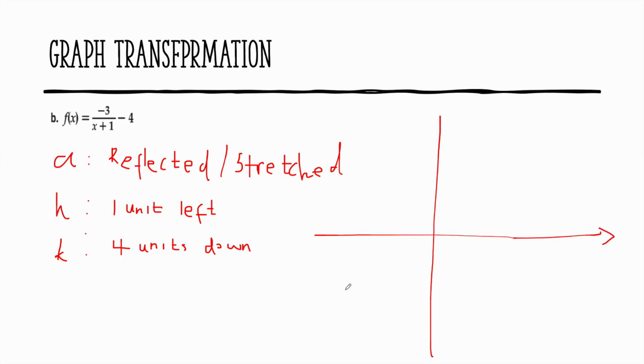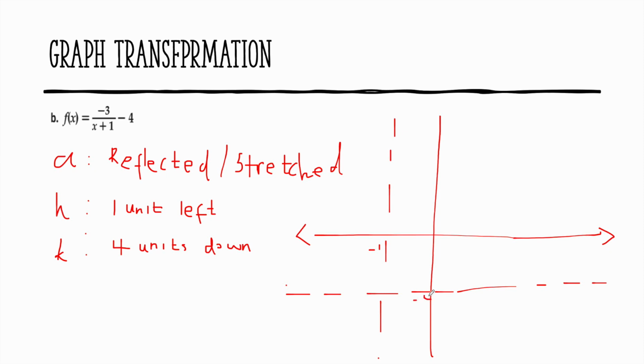So this point, it moved 1 unit to the left. This will be -1. And it went 4 units down, so I'll just bring it over here. Okay. Not drawn to scale. So I'll say this is -4.